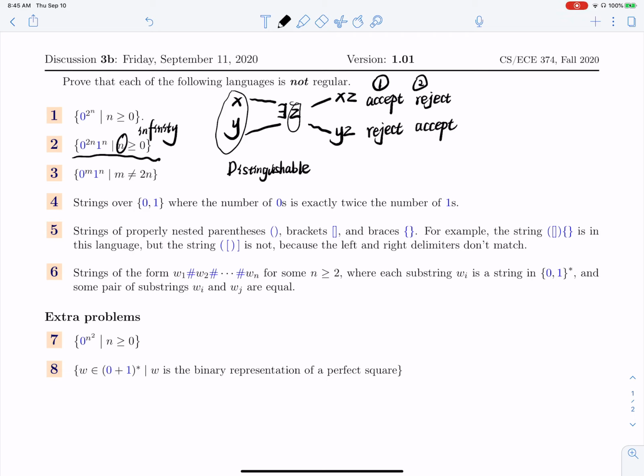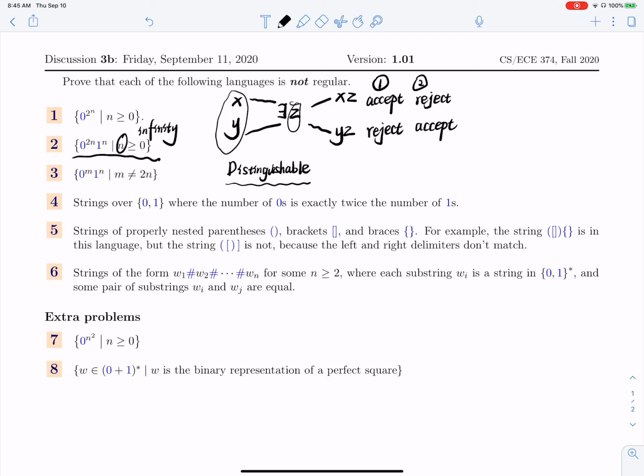So if the input string is only x or y, they must arrive in different states. In this situation, we can say x and y are distinguishable.